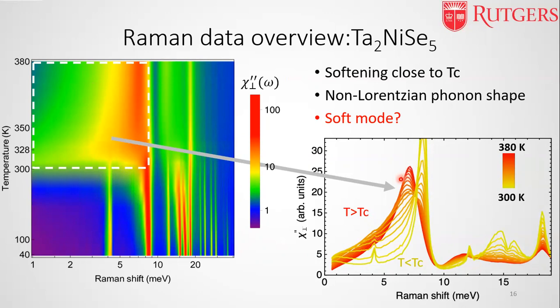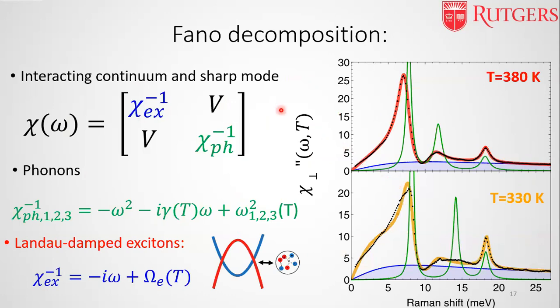The way to analyze this feature is to use the Fano model. A Fano model is a model where a sharp Lorentzian phonon can interact by this V with a continuum of excitations, presumably coming from some overdamped mode.